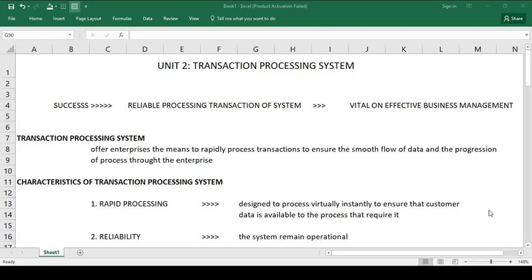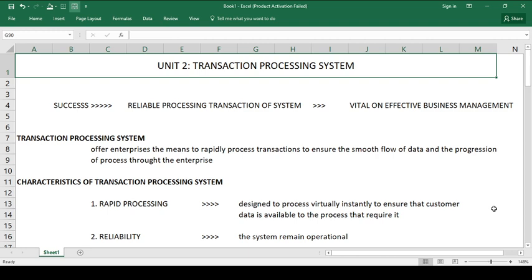Well, our topic for today is about Unit 2 on Transaction Processing System. Take note, in every business success, a reliable transaction processing system has a vital role for effective business management.